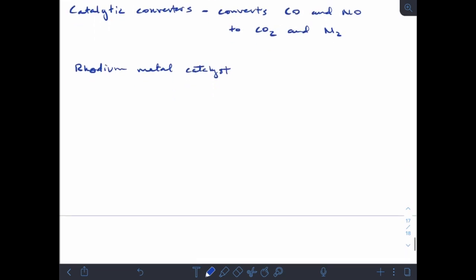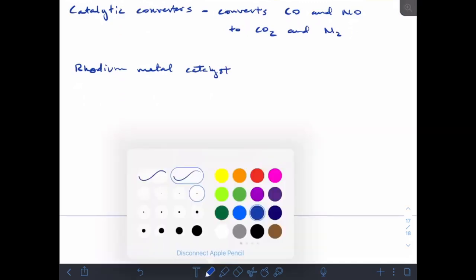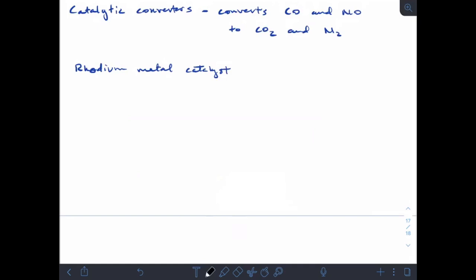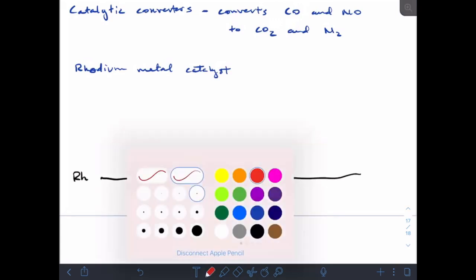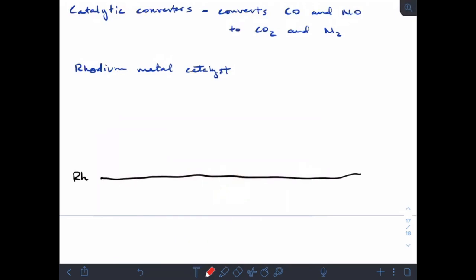Okay, so let's take a look at this pictorially. Imagine the inside of your catalytic converter, and it has a plate of rhodium, which has the symbol RH. On that rhodium, some carbon monoxide comes out of the engine and comes up to the rhodium, and it sticks.